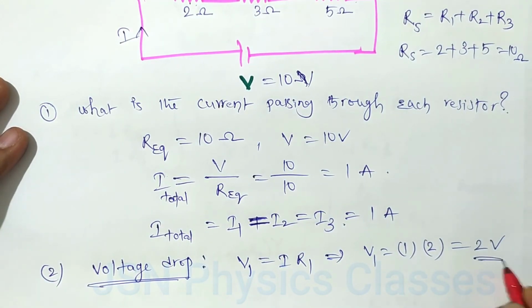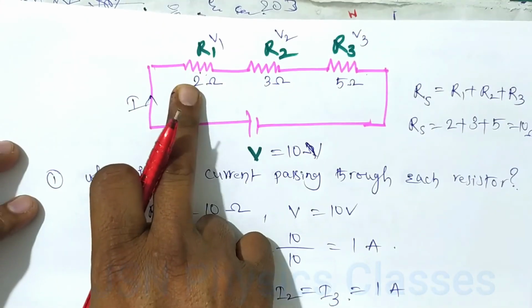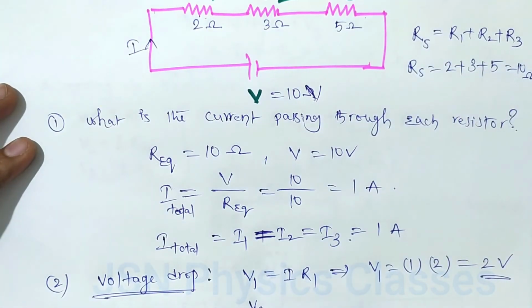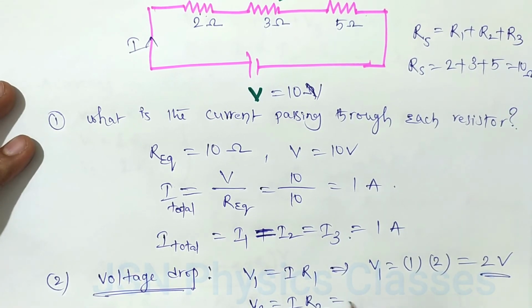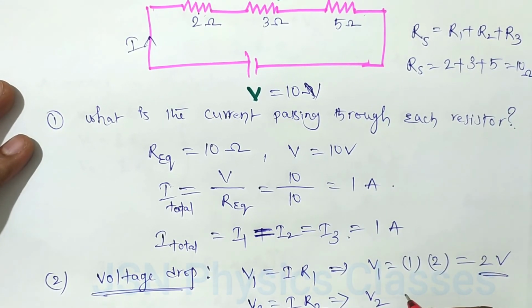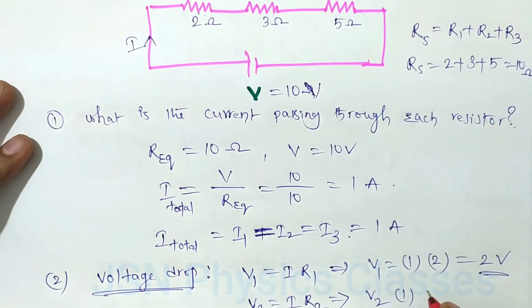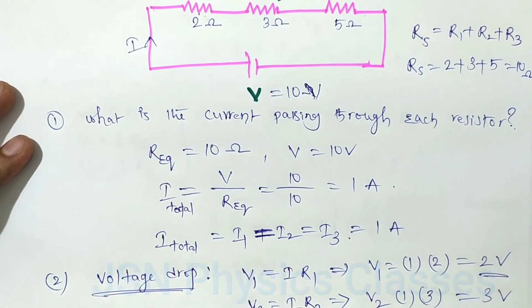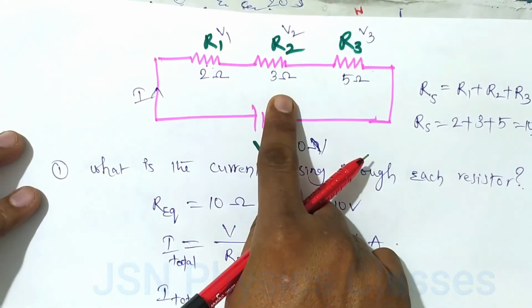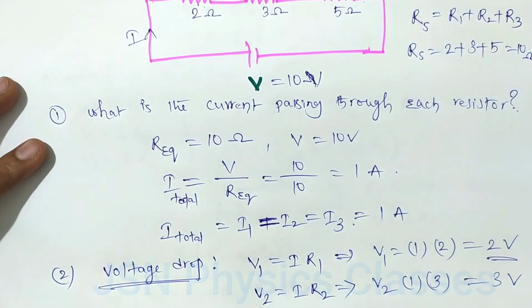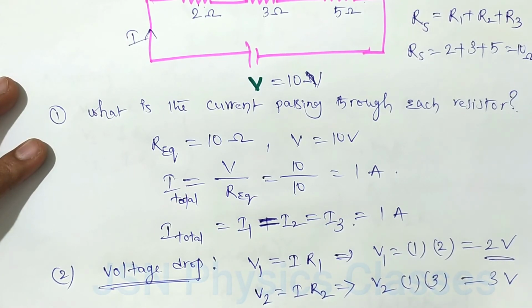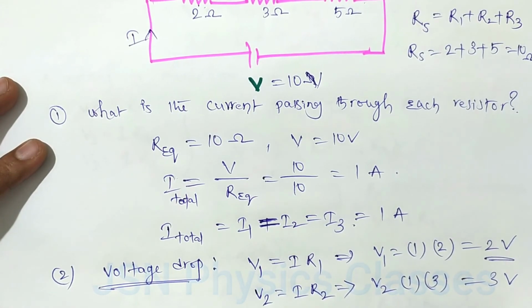So 2 volts potential is dropped across R1, and similarly V2 is equal to I into R2. Here I is 1 and R2 is 3, so 1 times 3 is 3. 3 volts potential difference is dropped across R2, and similarly V3 is equal to I into R3.